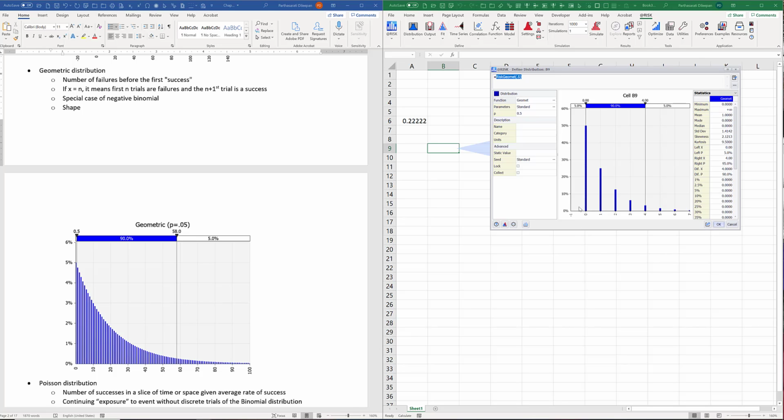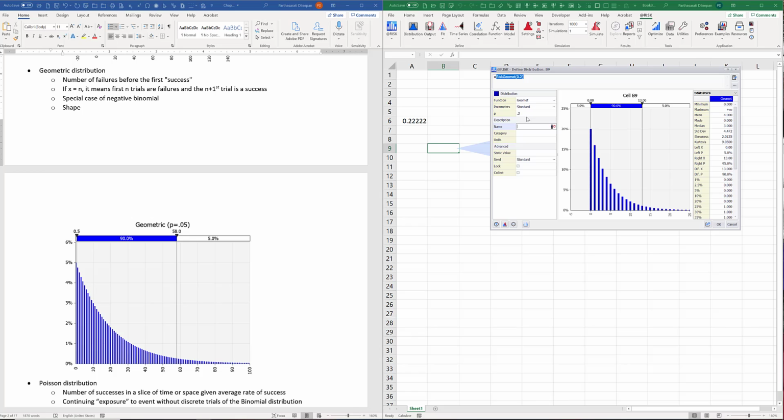So 0 is the number of failures. If you increase the probability, this bar becomes even taller, and smaller probabilities result in significant probabilities for more trials before we achieve the very first success.